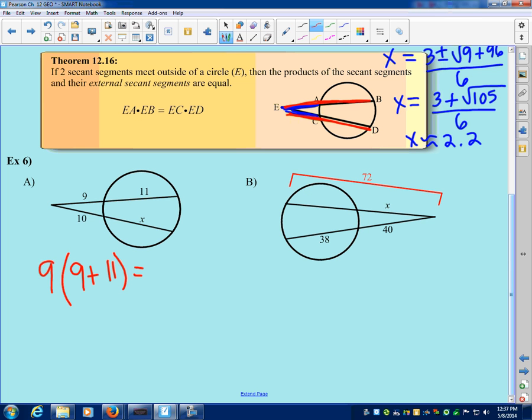So we have 9 times the whole length, so you're going to have to add pieces together, equals the outer one, 10 times the whole thing, 10 plus x. And I've created more algebra for you to do. What kind of equation is this one?